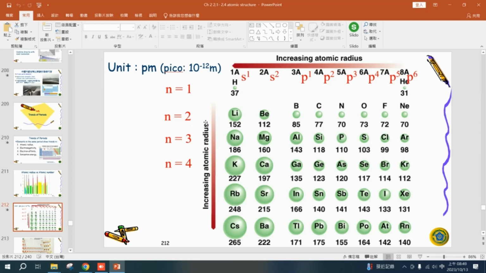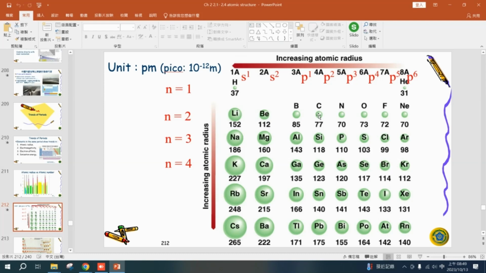Why? Because we are talking about almost the same principal quantum number. Within a quantum number, for example, lithium, there are 3 protons, 4 protons, 5 protons, 6 protons. If you have more protons in the nucleus, that means you have more positive charge.